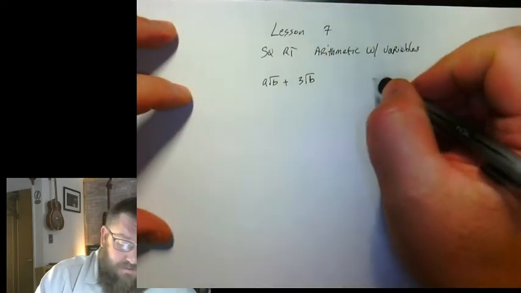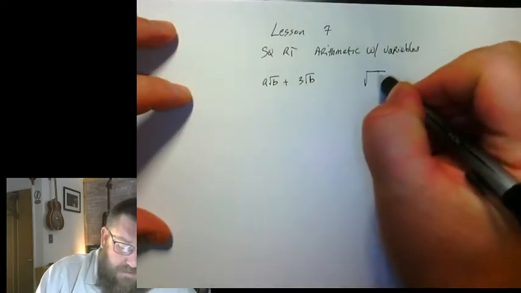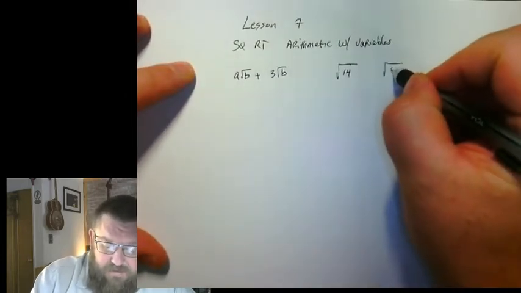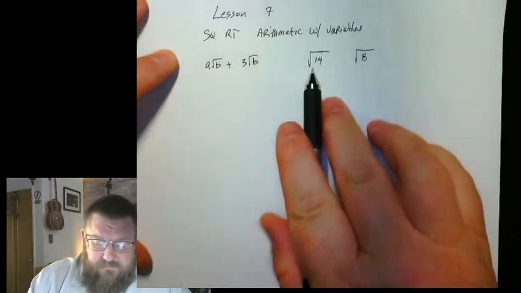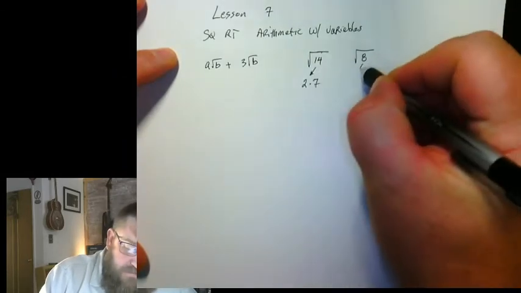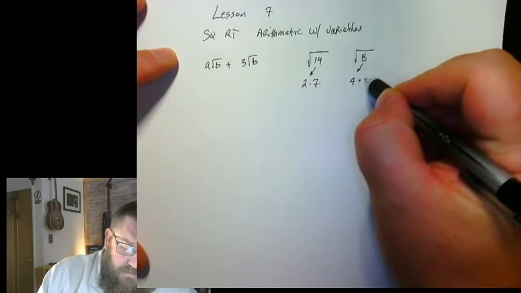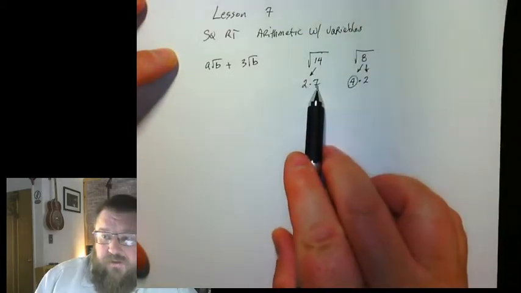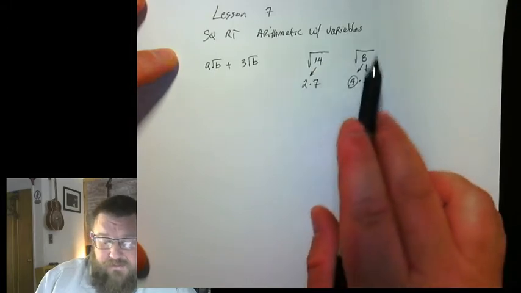The other thing we learned is that something like this is simplified, whereas something like this is not. Factors of 14 are 2 and 7. The factors of 8 are 4 and 2. That's a square number. These aren't square, they're both prime. So this one is irrational. This one can be simplified.